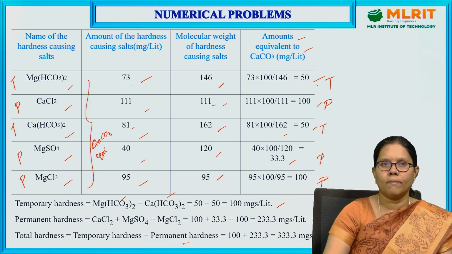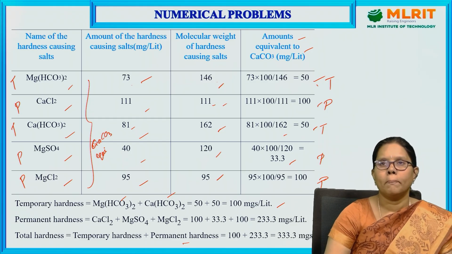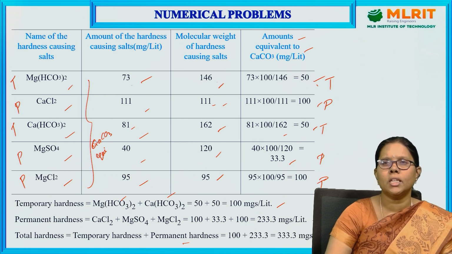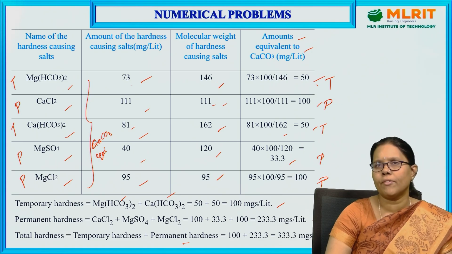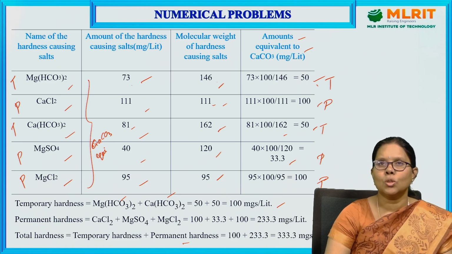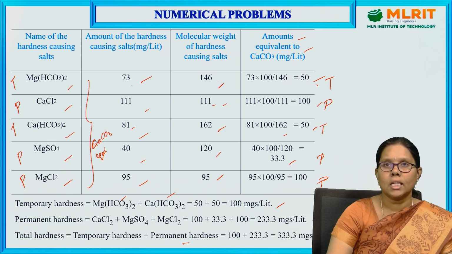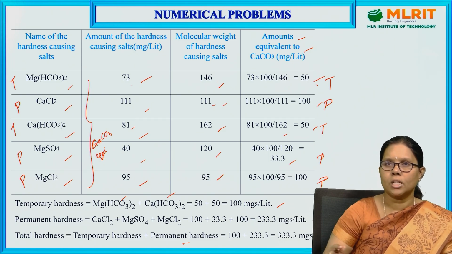So we have to convert everything in terms of CaCO3, segregate temporary and permanent, and add everything. This is all about the calculation of temporary, permanent and total hardness of a water sample.